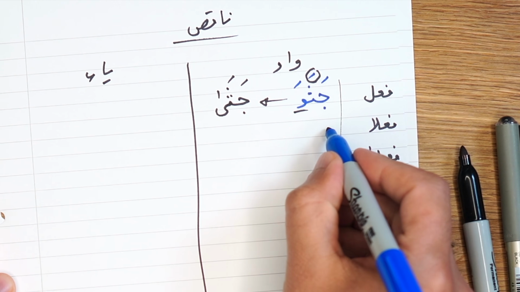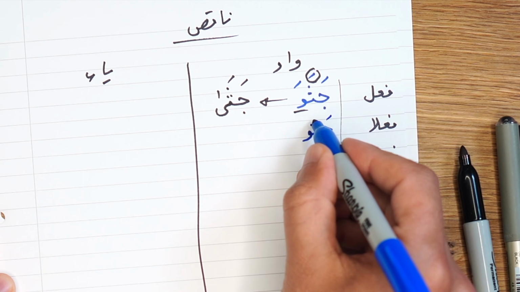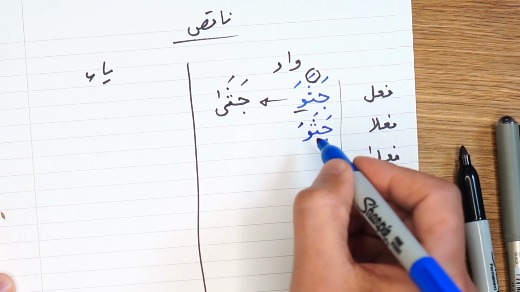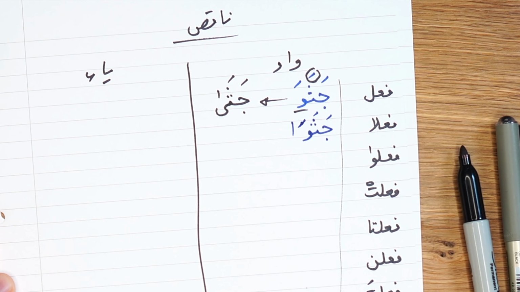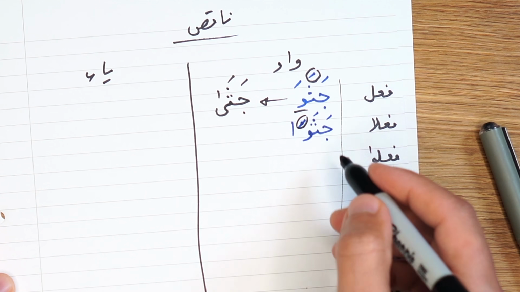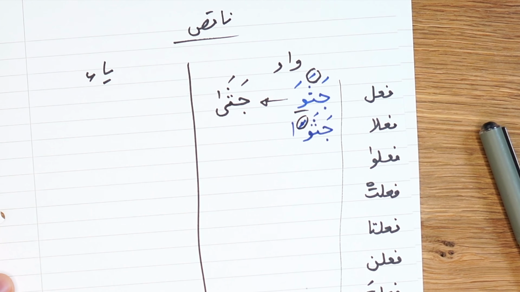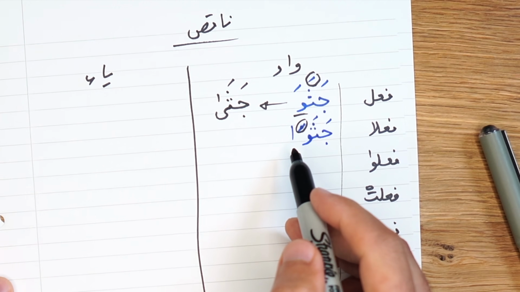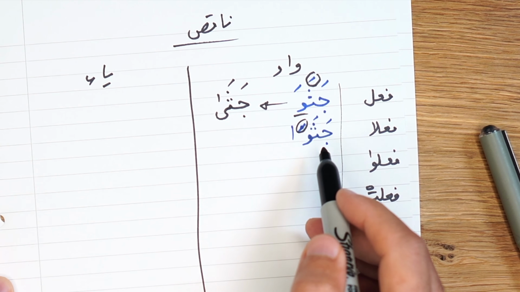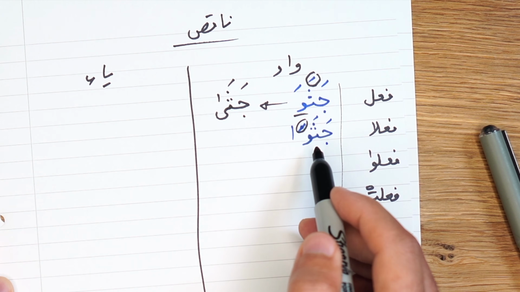Second one, this one's supposed to be ja, tha, wa. Again, the same thing happens over here. You've got the waw, and you've got the fatha, so this is going to be changed into an alif. So you're going to have jatha.